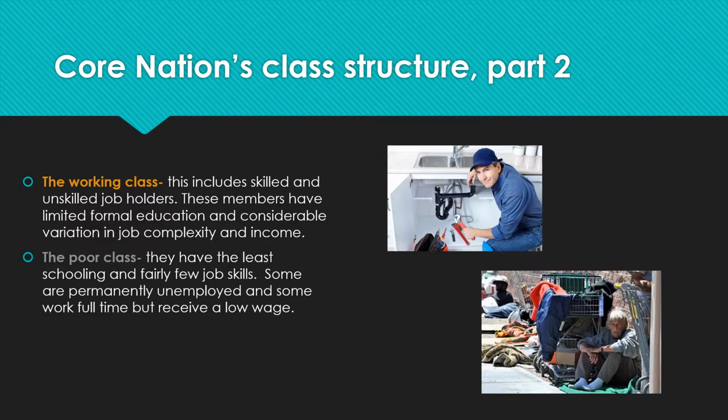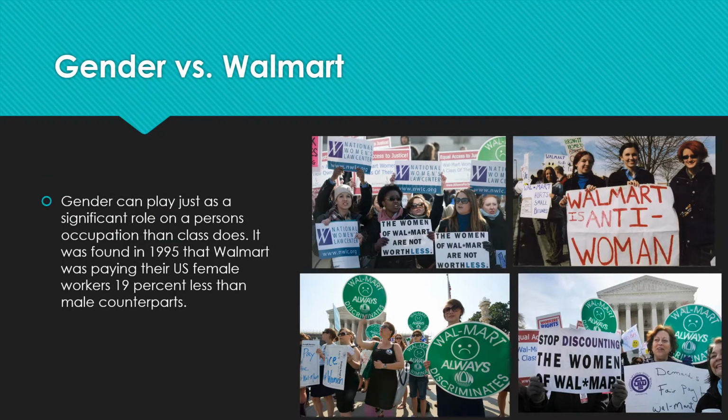Some are permanently unemployed for whatever reason, and some work full-time but receive a very low wage. So that's the class structure for the core nations. And before we go to the other class structures, it's important to recognize, especially in this class in regards to social inequality, that not just class is an issue, but also gender can play a significant role.